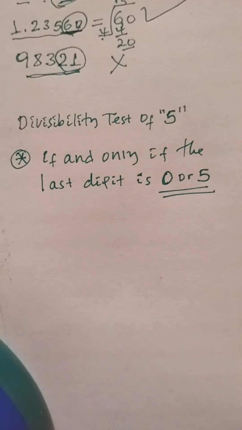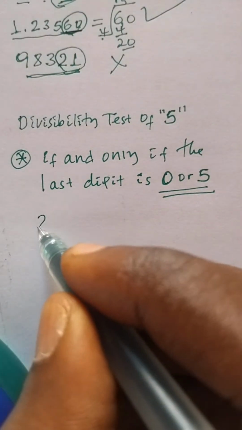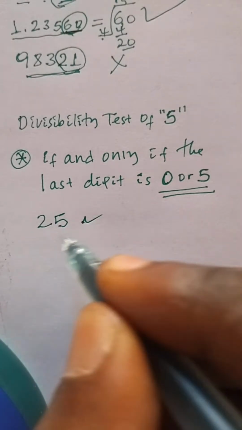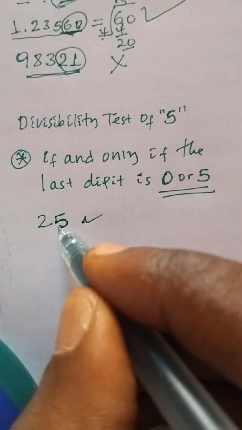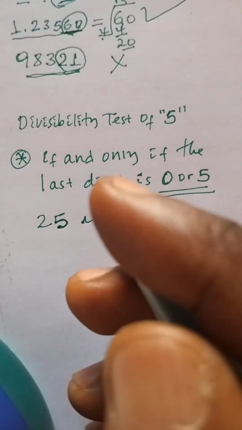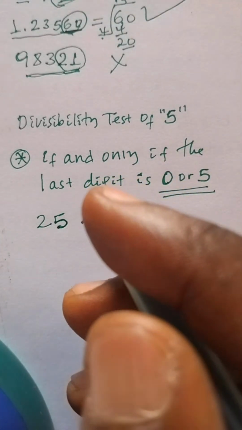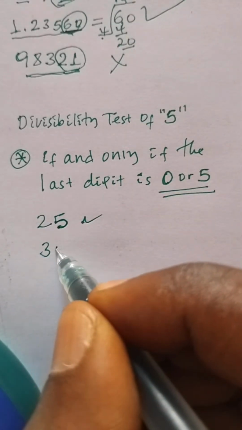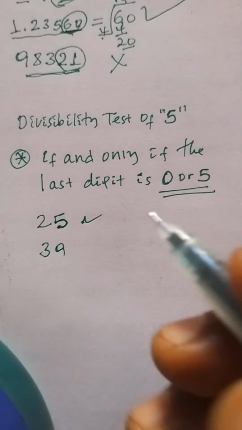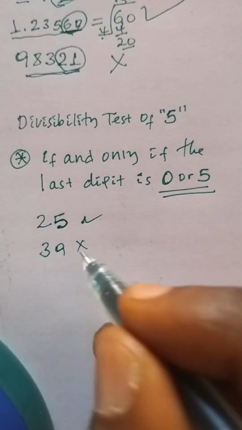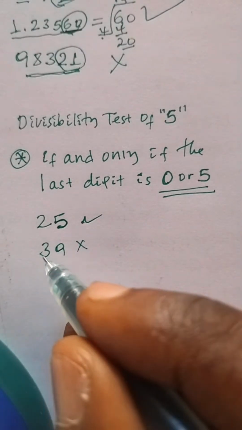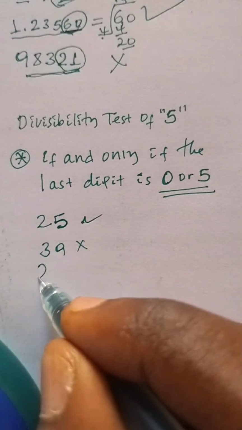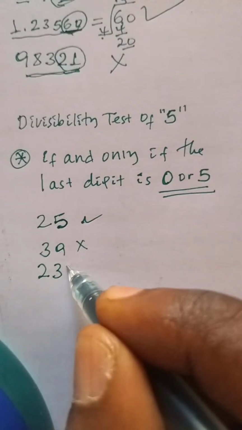Let's take an example. Is this number divisible by 5? Yeah, because the last digit is 5. Is this number divisible by 5? No, because the last digit is not 0 or 5. Let's take 235.